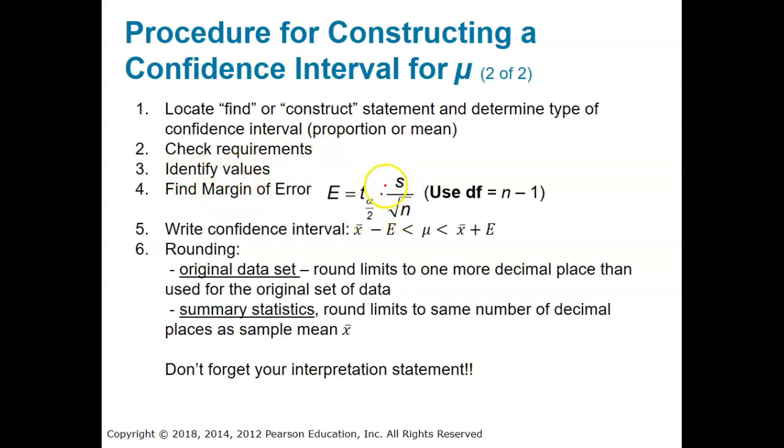Find the margin of error using our formula here. Write our confidence interval, and in this case we're going to use these X bars instead of P hats because we always want to use our unbiased estimator, and X bar is our unbiased estimator, so we're going to use that to build our confidence interval. We've got our rounding rules reiterated, and then don't forget to write your interpretation statement.